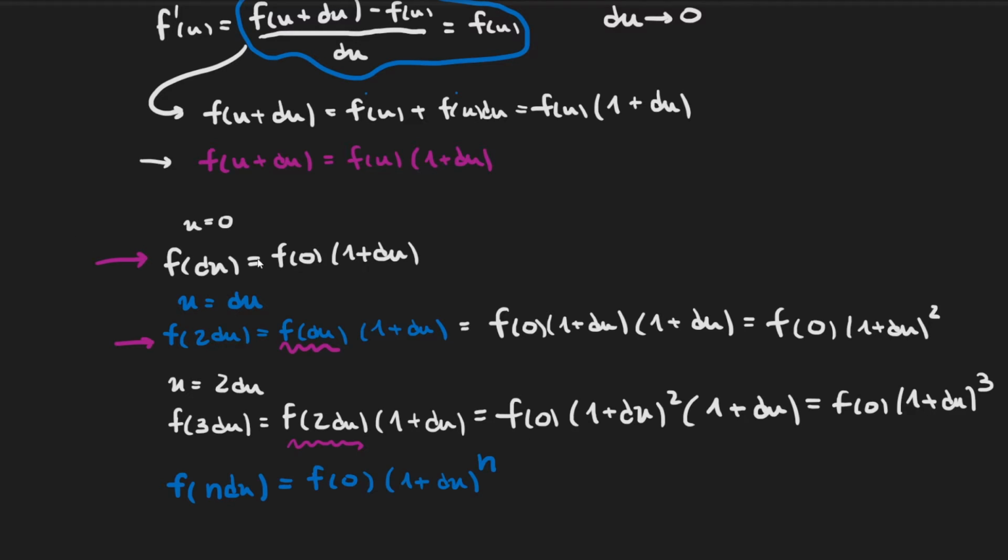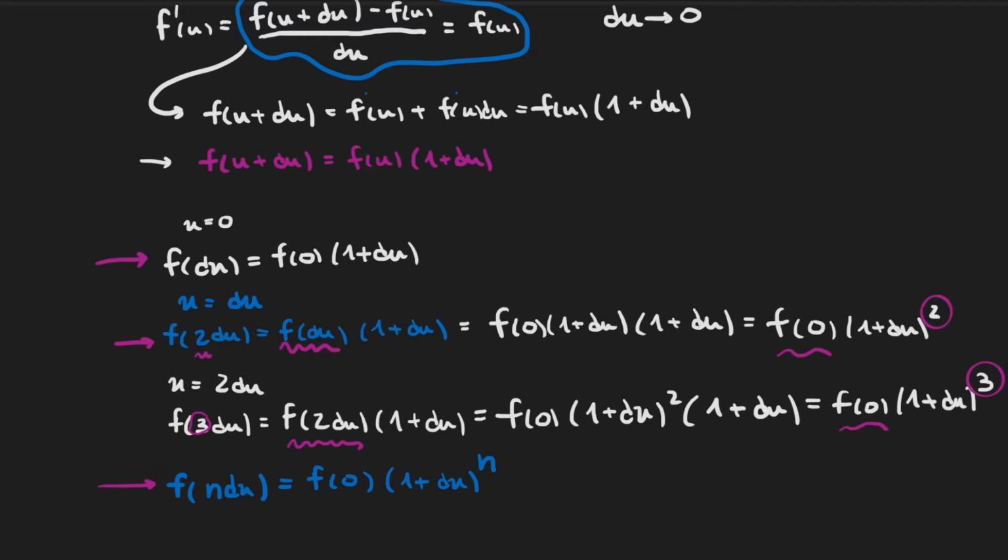Because if we take a look here, when we had 2 here we got f(0)(1 plus dx) squared, and when we had 3, we got the cube. So that's the rule that we found.